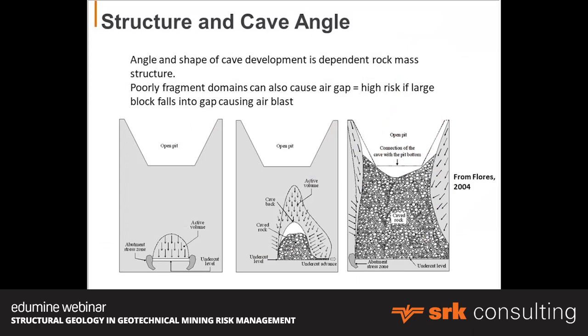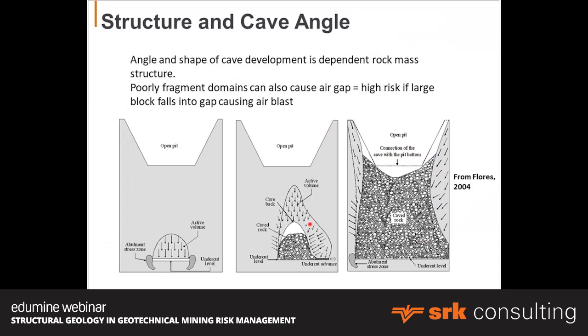Okay. As the cave starts to propagate and grow, the angle of that cave and the shape of the cave is also dependent on the natural weaknesses in the rock mass, your structures. In situations where the rock is poorly fragmented, you could have a hang-up.